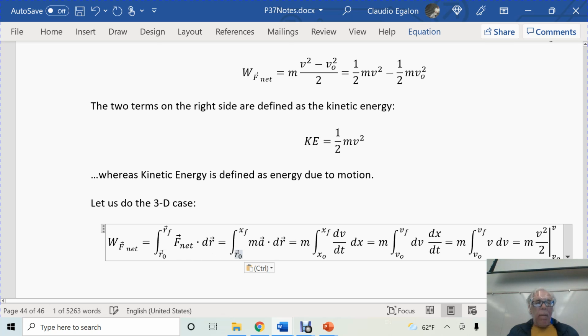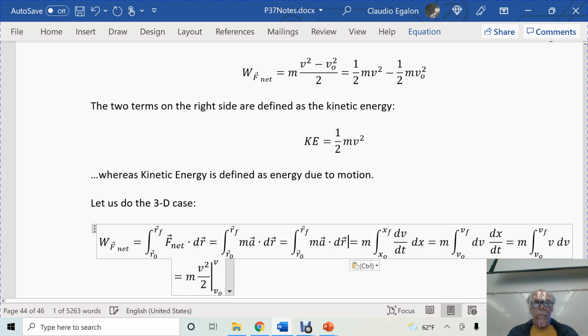R0 to RF. And now I'm going to start just copying what I have here so I don't have to be dealing with vector signs. Here you go. Yep, here you go.